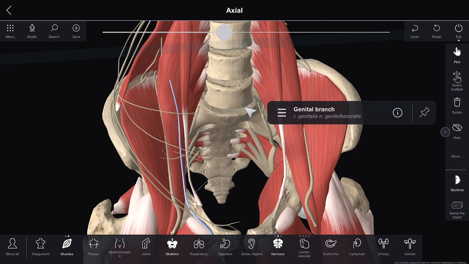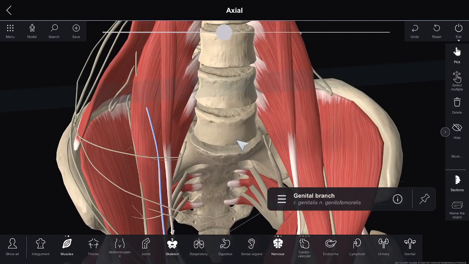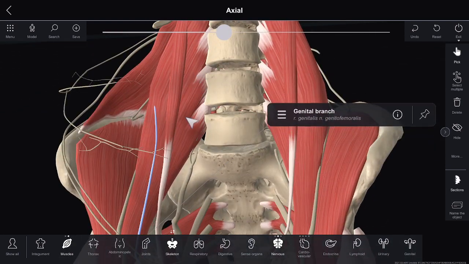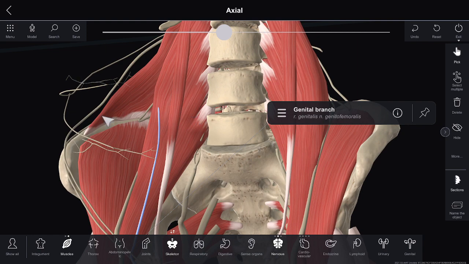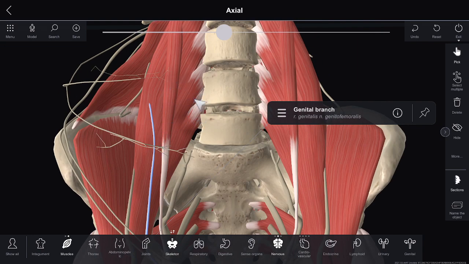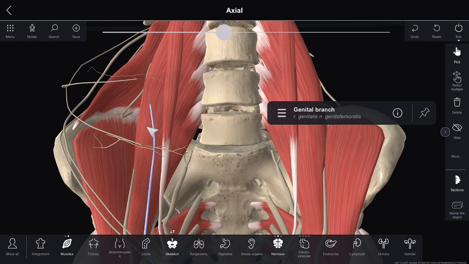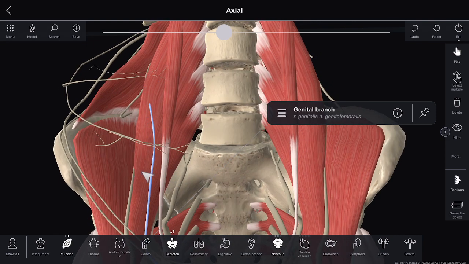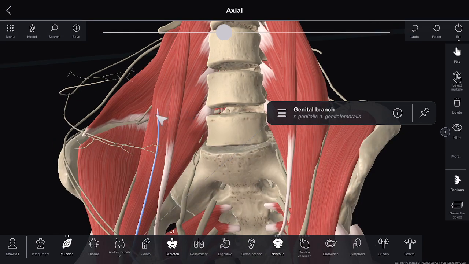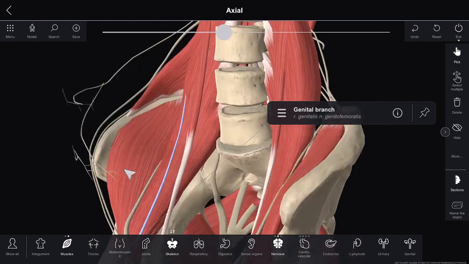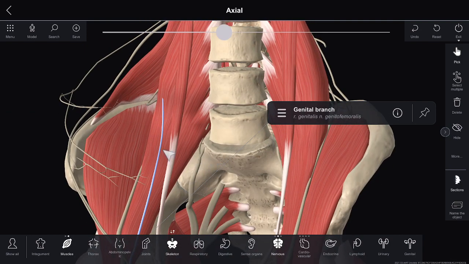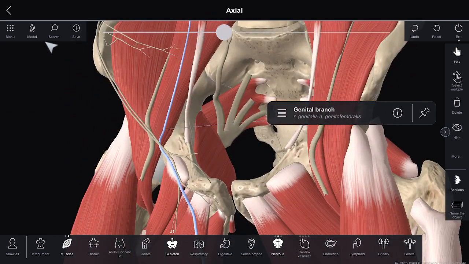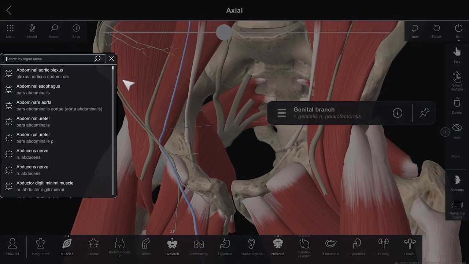It is very interesting to understand that this is the single nerve from the lumbar plexus which really perforates musculus psoas major. Other nerves appear from the lateral border of musculus psoas major, but this nerve perforates musculus psoas major. And then ramus femoralis.